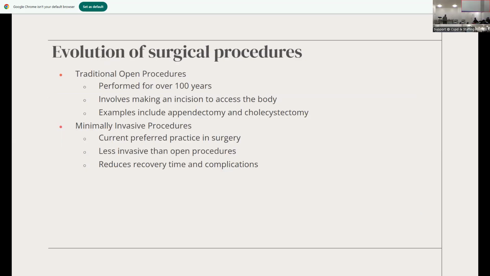So let's go, guys. Evolution of surgical procedures. Traditionally, surgery was done open, and when the surgery is done, they close. There's a line, it leaves you with some stitches and what have you. Today, it's not like that.